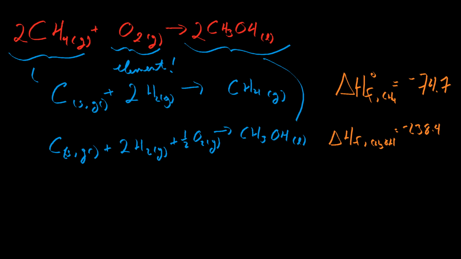But methane and methanol we construct from their elements. And so methane is 1 carbon solid graphite plus 2 hydrogen gas yields 1 methane gas, and 1 carbon solid graphite plus 2 hydrogen gas plus 1/2 oxygen gas yields 1 methanol.